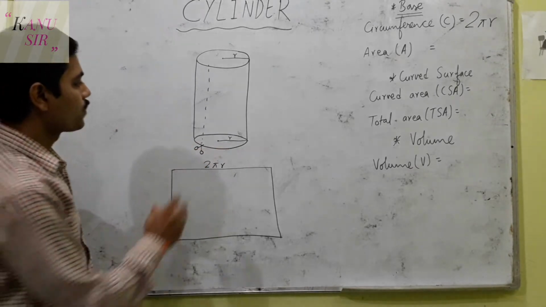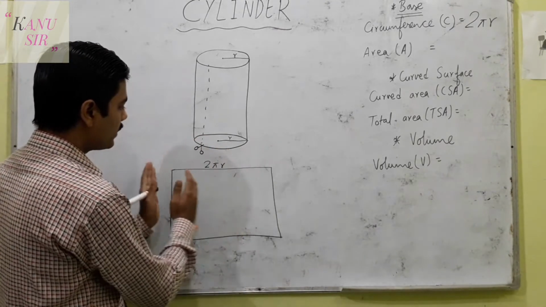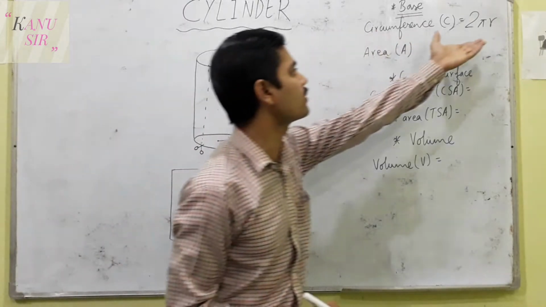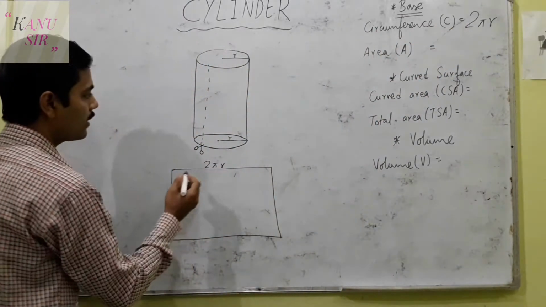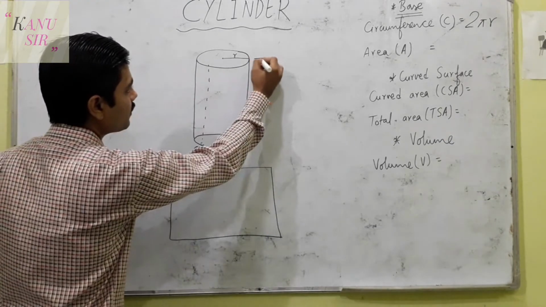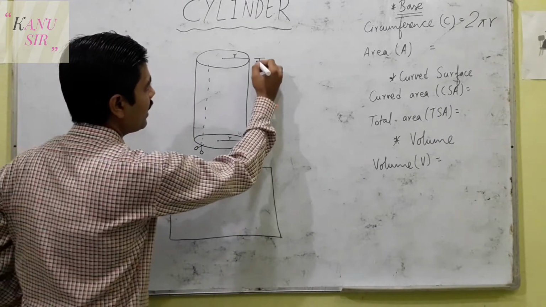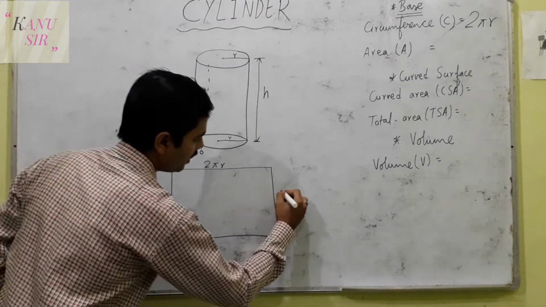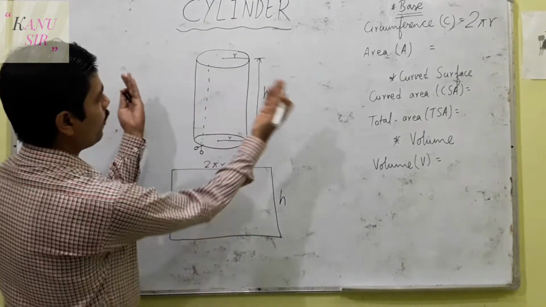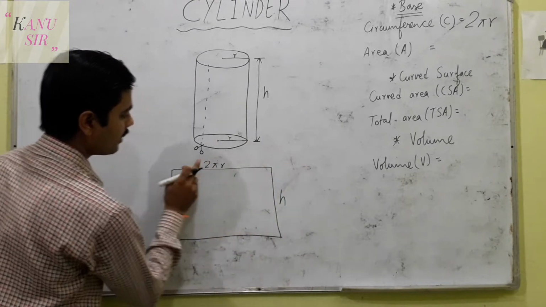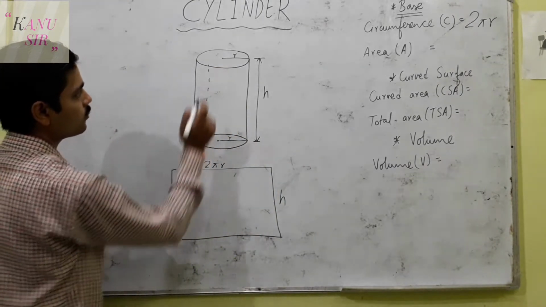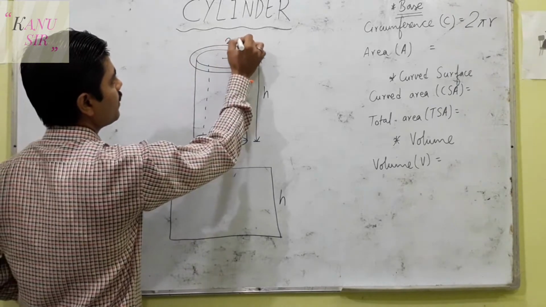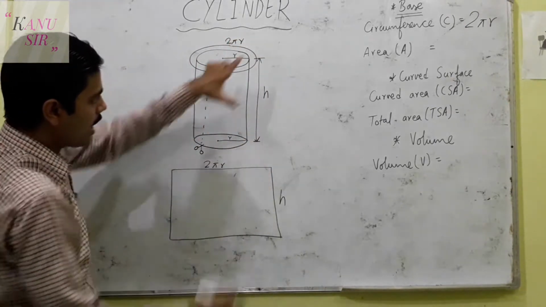That is why when it is opened, the length of the rectangle comes to 2 pi r, that is the circumference of the circle. Another, this is the height of the cylinder. We denote it as capital H or small h. We'll denote it as a small h here. Then, in the same manner, the breadth of the rectangle will be h.